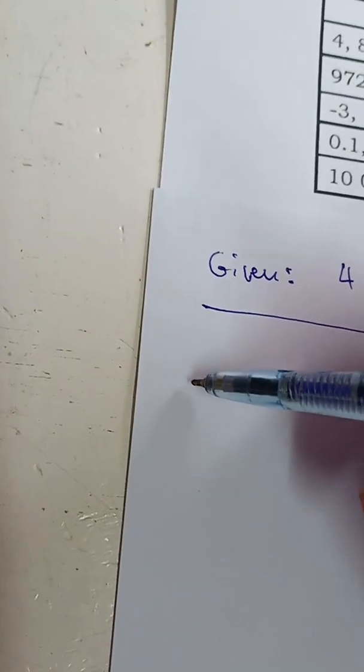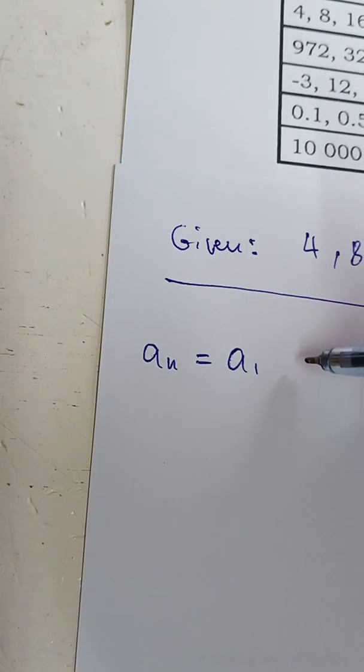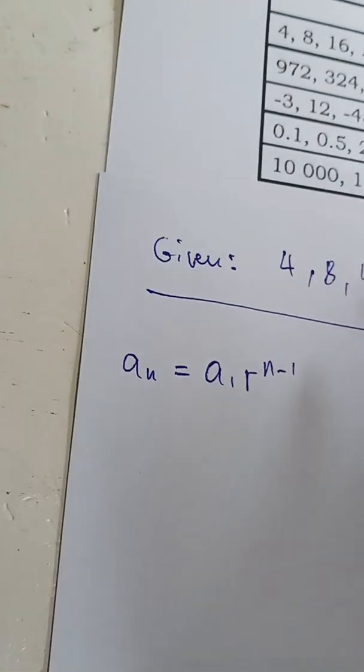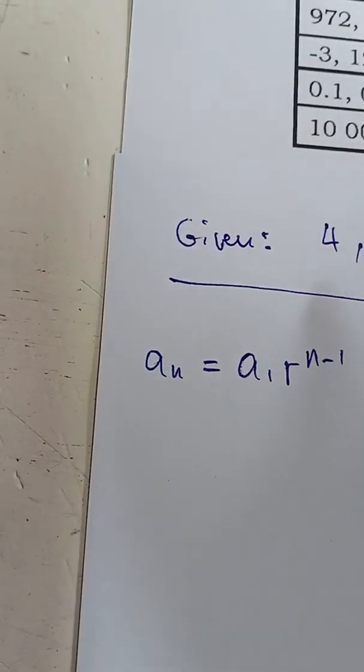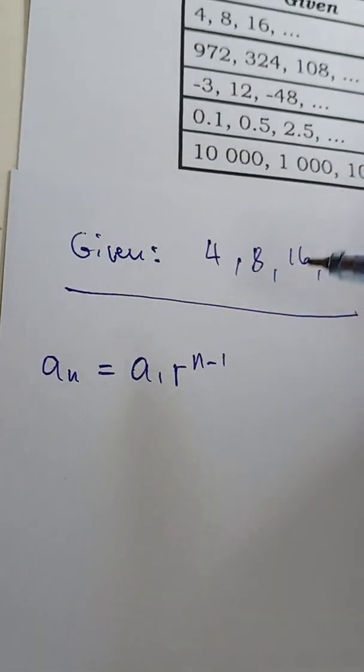Okay. So, let's write the formula for geometric sequence. That is a sub n is equal to a sub 1 times r raised to n minus 1. Okay, now take a look with this given geometric sequence.